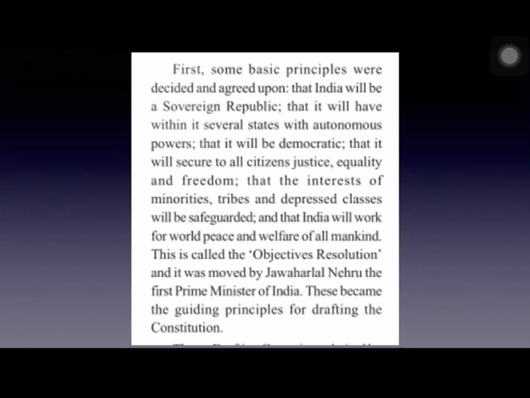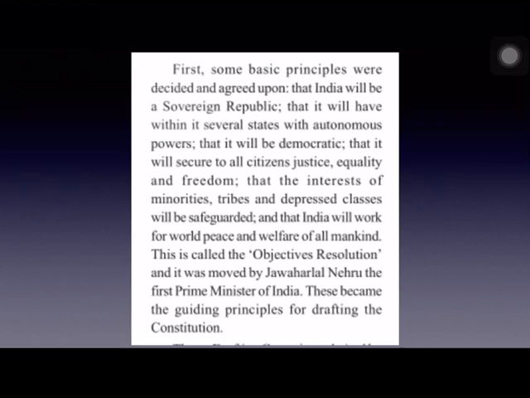First, some basic principles were decided and they were agreed upon by all the leaders. What are those? India will be a sovereign republic, a sovereign country, a republic. India will have several states with autonomous powers and it will be democratic. Also, India will secure to all its citizens justice, liberty and equality.